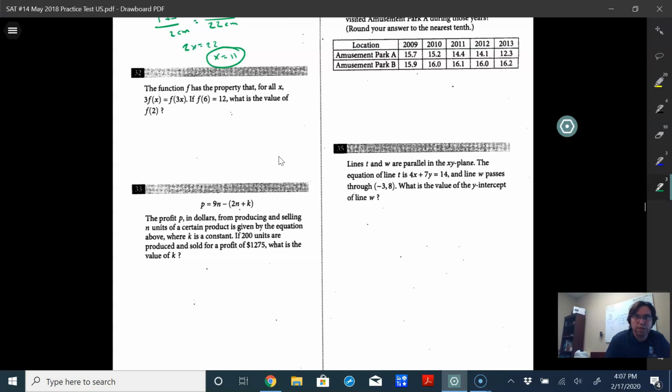So what this is saying is that if x equals 6, then y equals 12, right? And then we're trying to figure out what that happens to mean for us. So plugging that in, you see for all of x, 3 times a function of x equals f of 3x.